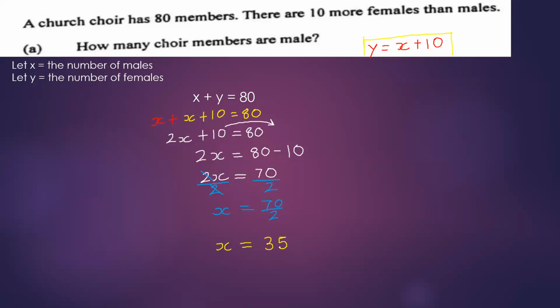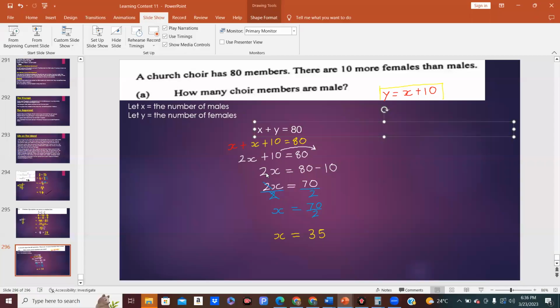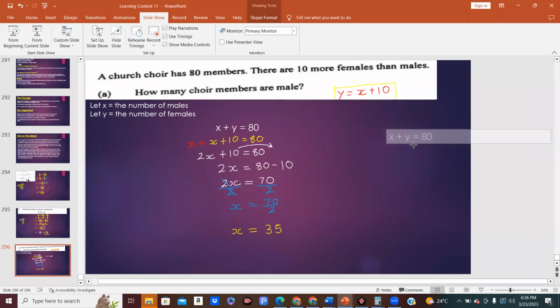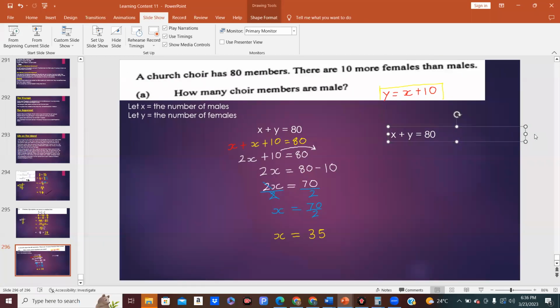Good. So therefore, the number of males in the choir is how much? 35.